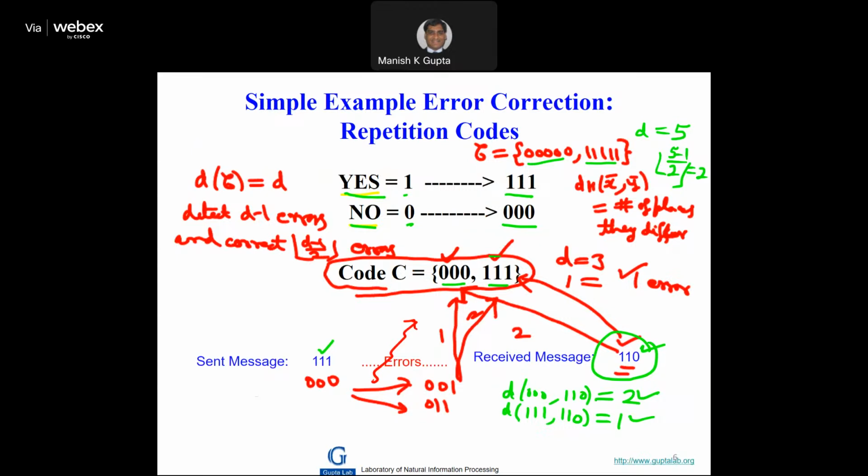What we are doing actually, once we send some vector from this set and we receive something, is maximum likelihood decoding, right? We compute the distance from the received vector to each possible vector and see which one has the smallest distance. So in this case, 110 was the smallest distance, right? So that is what.